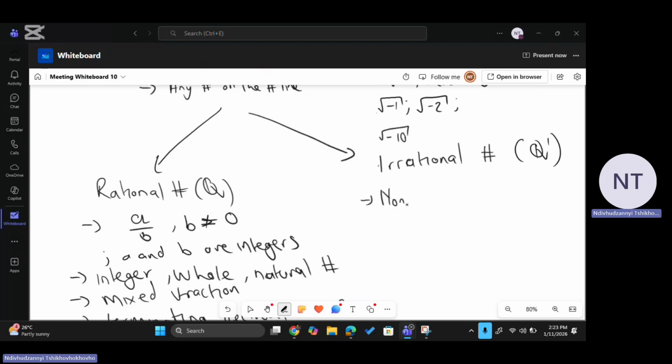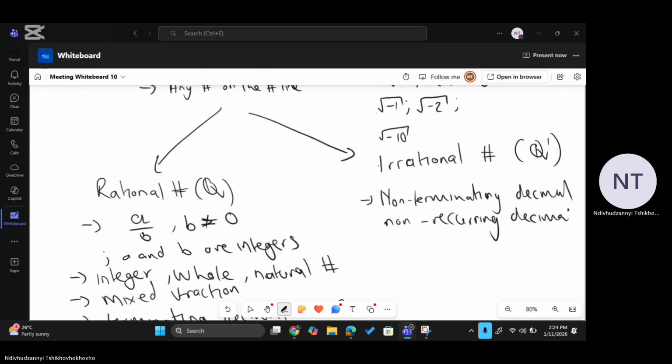It would be a non-terminating decimal, a non-recurring decimal, and the last two points: a square root of non-perfect squares, right? What's a non-perfect square? A number which is not a perfect square.